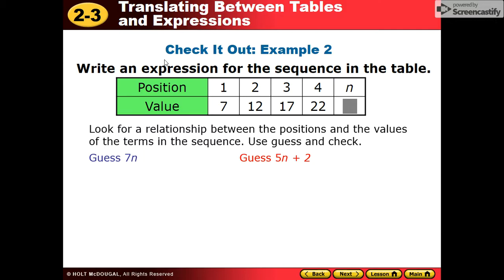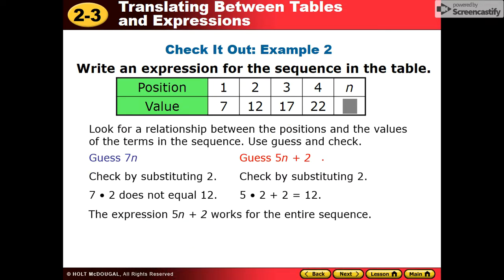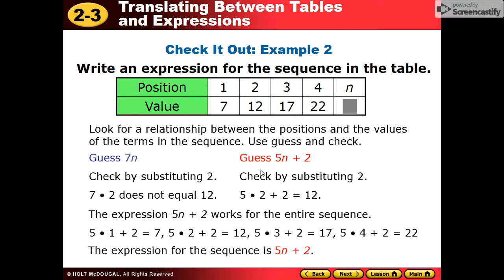Well, 7 times 2 would be 14, so that doesn't work. How about 5n plus 2? 5 times 2 is 10 plus 2, 12. 15 plus 2. Yeah, perfect. So this one does work. Wonderful. So the expression is 5n plus 2.